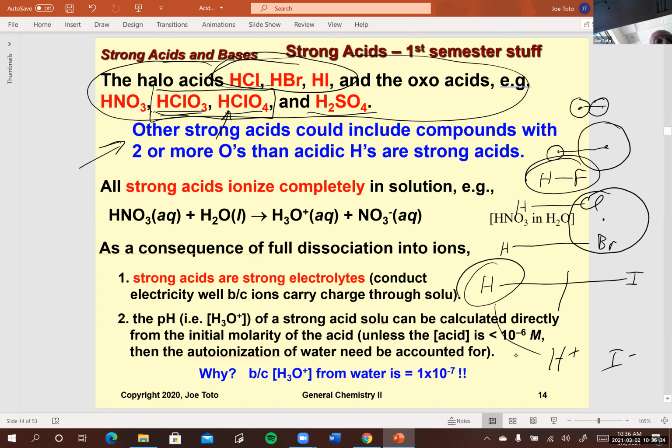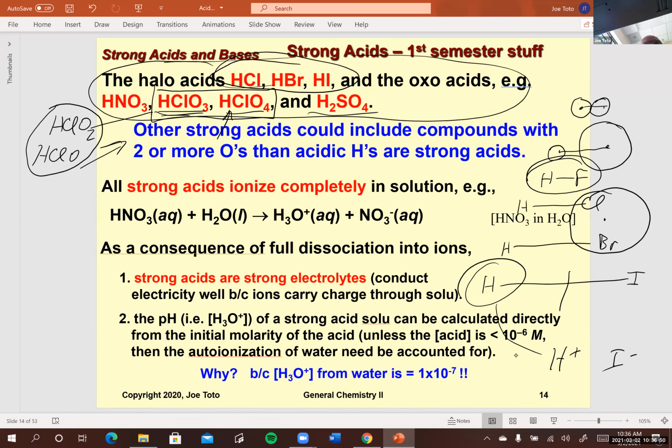The other two in that list are chlorous acid, HClO2, and hypochlorous acid, HClO. Guess what kind of acids these guys are? Well, if they're not strong, yeah, correct. They're weak.